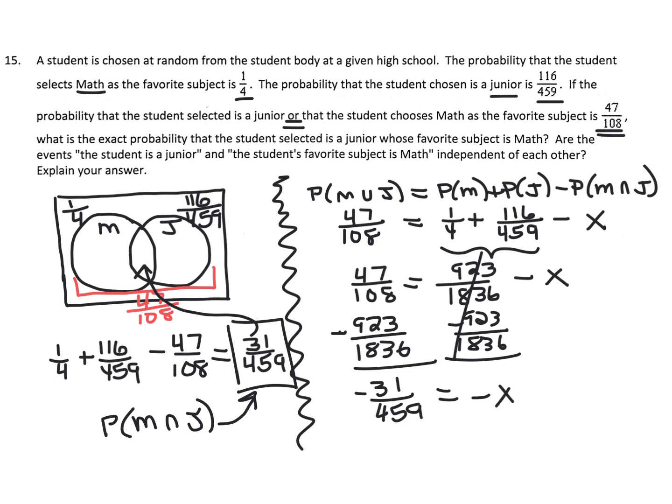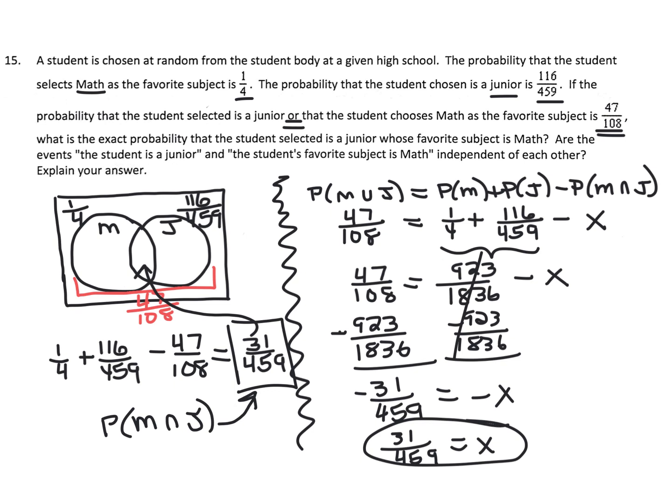And then when you divide by negative 1, you wind up with positive 31 over 459.